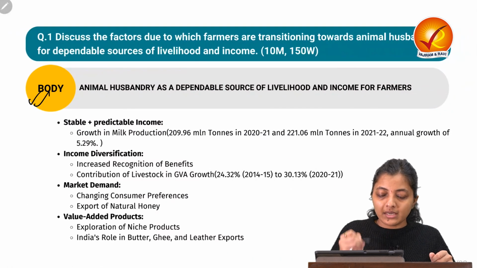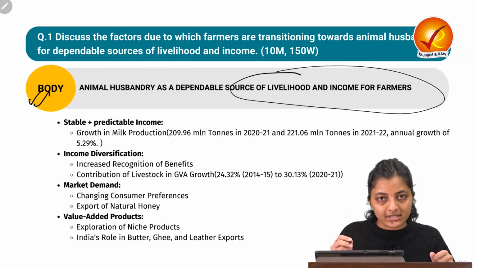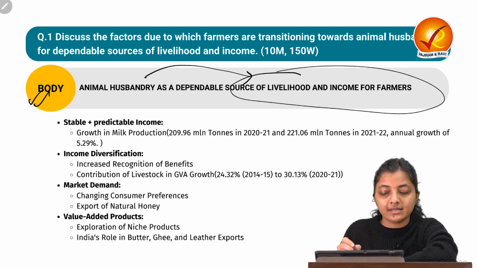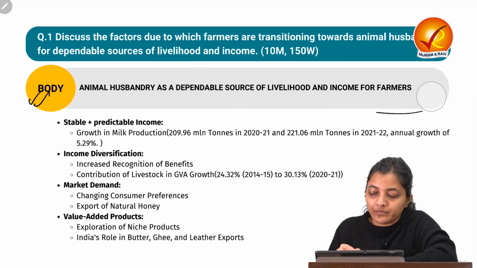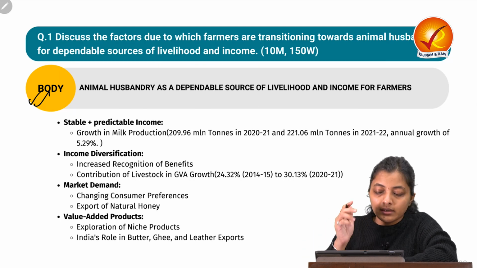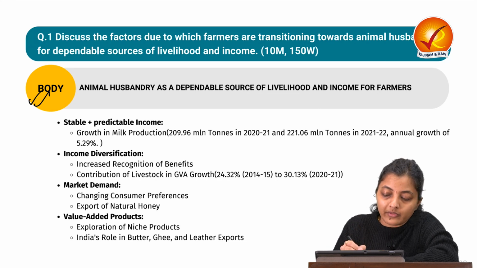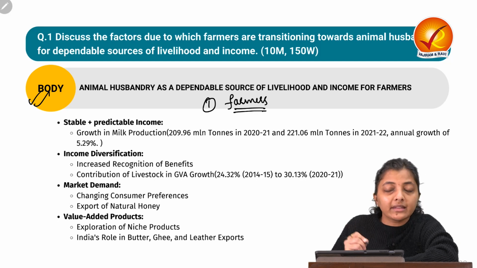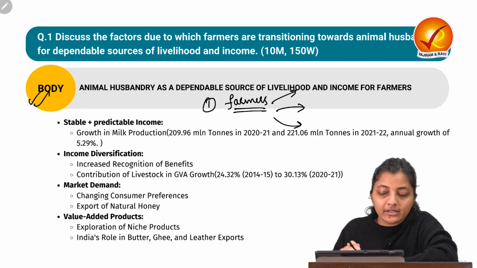So the first body part is what are the factors that are responsible for this transition, so that the farmers are also thinking that this is the dependable source of the livelihood and the income for them. For that, you can divide this body part into various subheads. The first being with respect to the farmers, what is their vision with respect to why they are taking the transition.